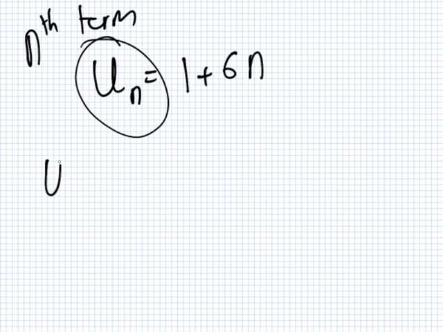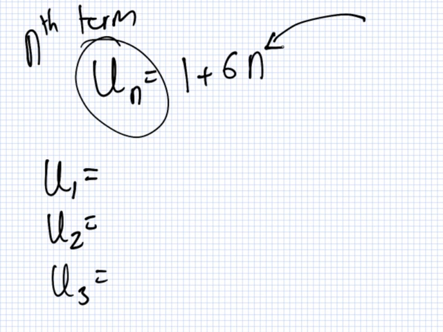So for example, u1 is the first term, u2 is the second term, u3 is the third term, and so on. And what you do to make this sequence is you put in the value for n as 1 if you want the first term, 2 if you want the second term, and so on.